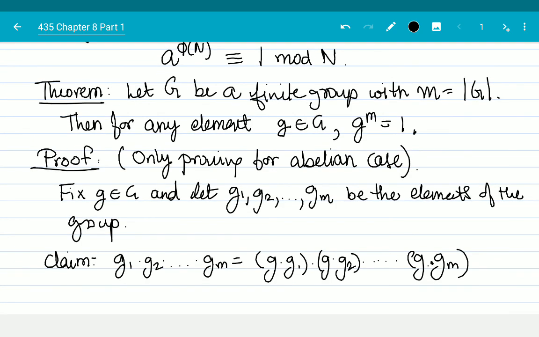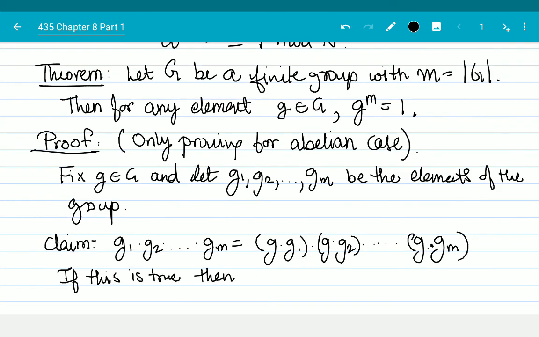If we can show this, then the product over i equal to 1 to m of gi is equal to g to the m times the product over i equal to 1 to m of gi.